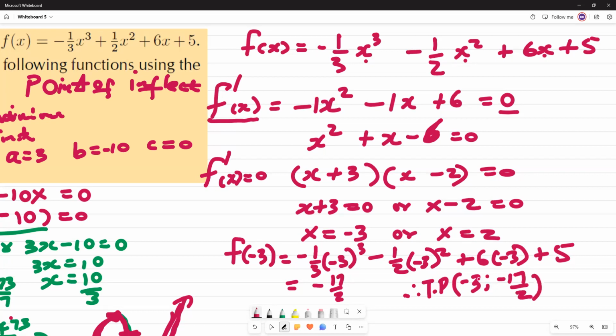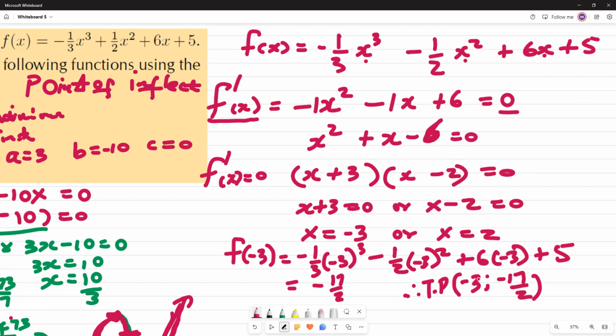Now I'm going to replace -3 with +2. I'll just do it on a calculator. So replace -3 with +2 here.